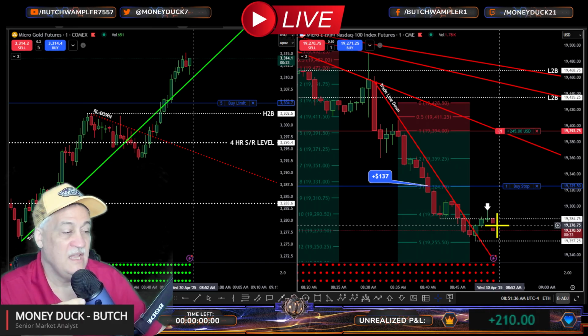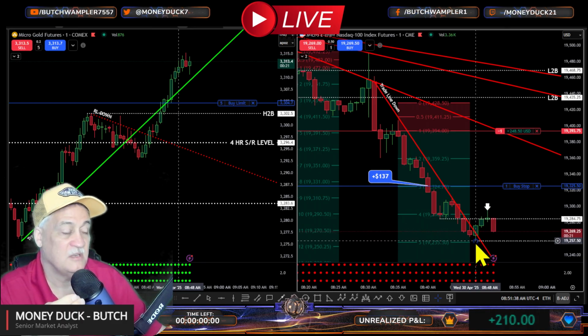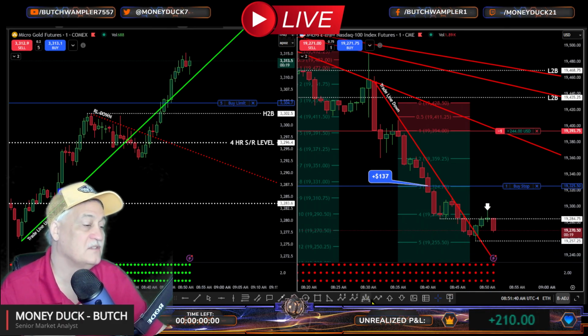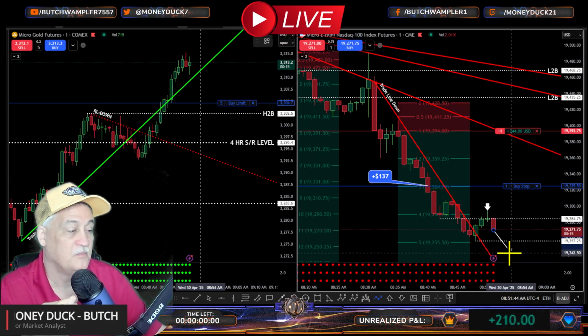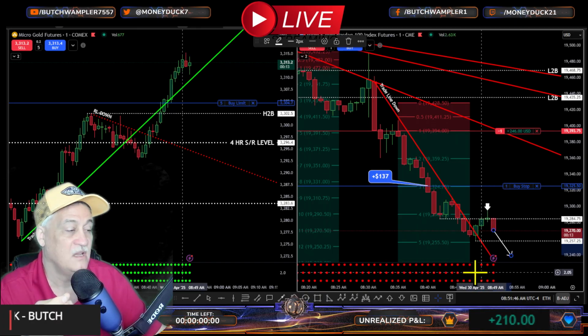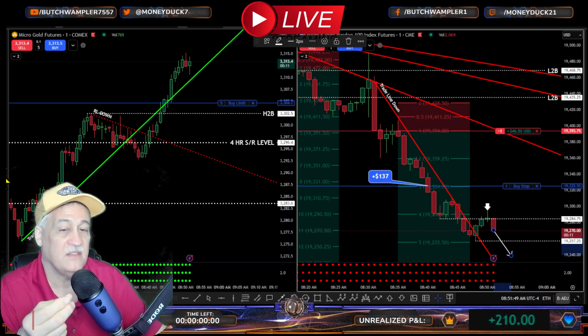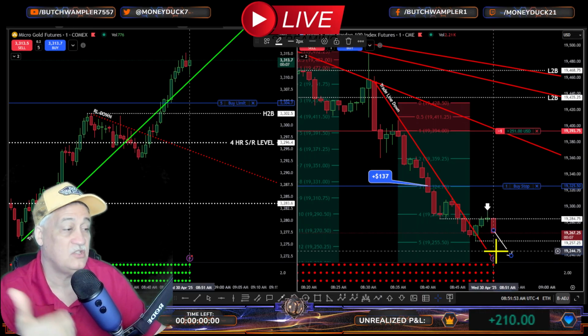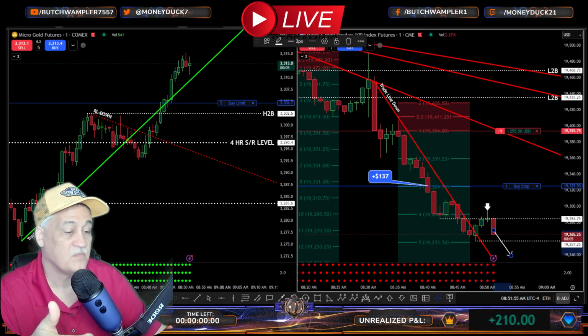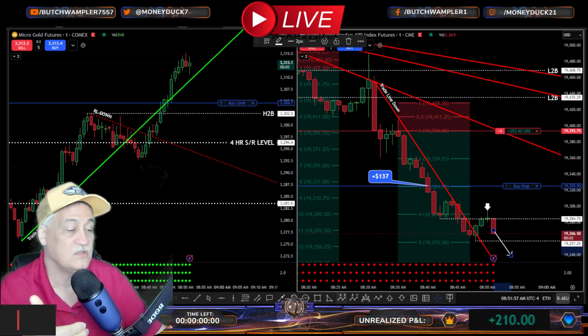Now, if it fails to break this low, that's what we're waiting on. We're waiting to see if it goes past this low. If it goes past that low, then we move that trade line out because it's continuing short. That's what we're looking to see, is it continuing short.